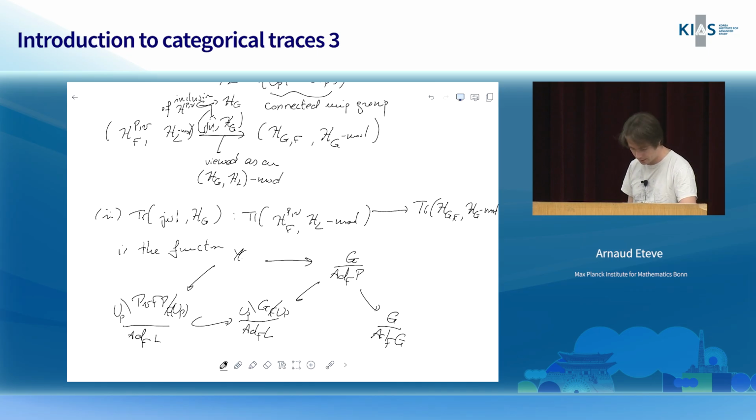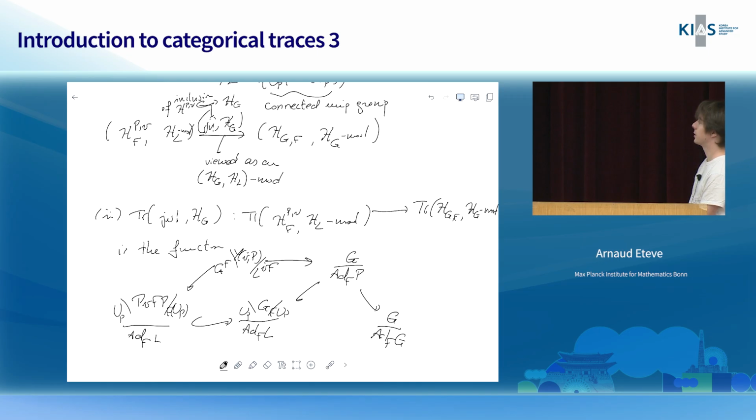So this is Y_{V dot P}, the parabolic affine Deligne-Lusztig variety divided by G^F and by L fixed by V dot F. So it's the same diagram as before, but in a parabolic version.